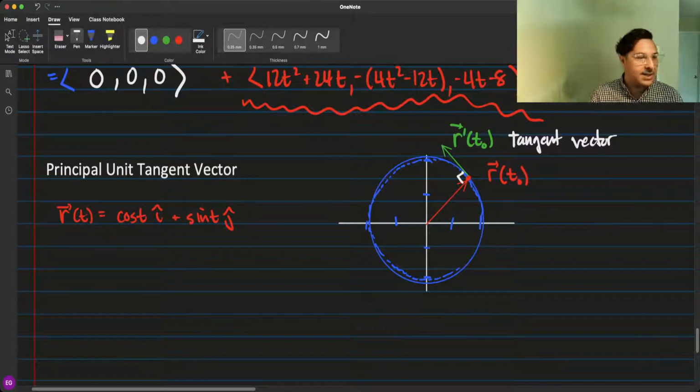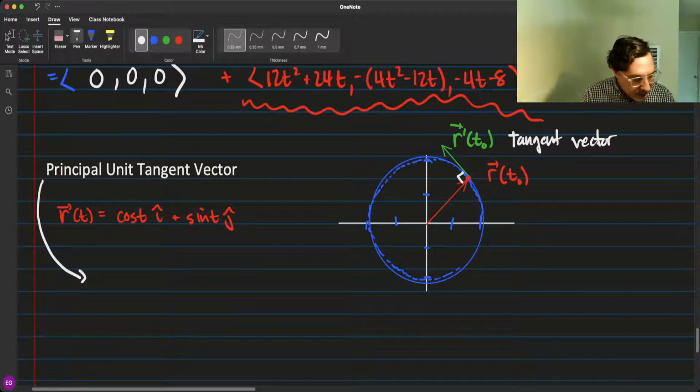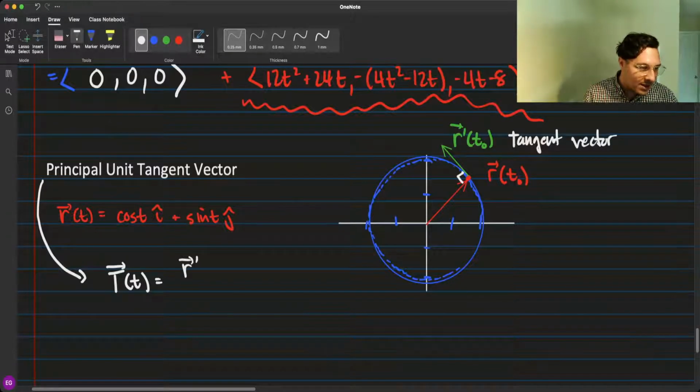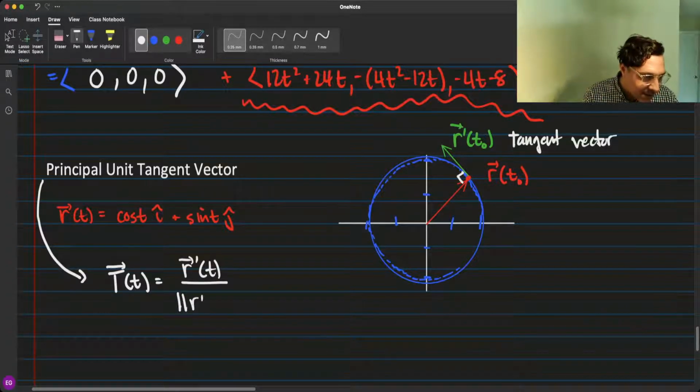But we're interested in something called the principal unit tangent vector, which we always write as an uppercase T. This is defined to be the tangent vector divided by the magnitude of the tangent vector.